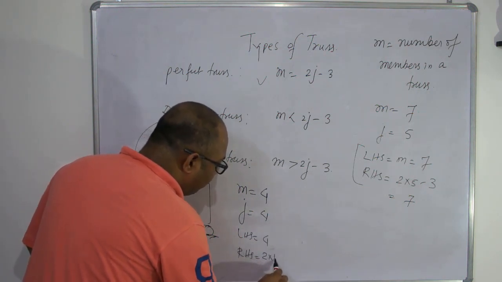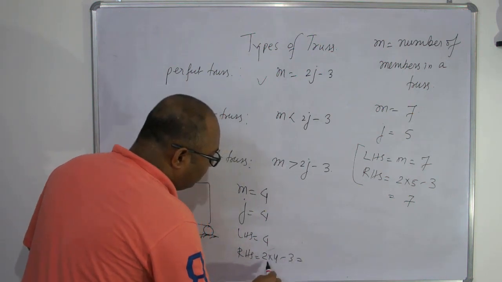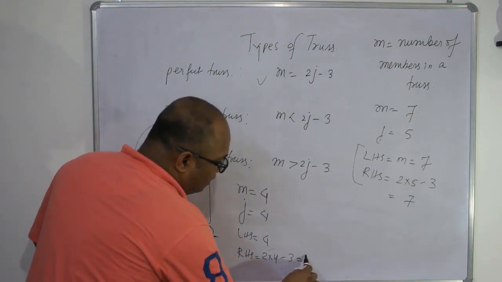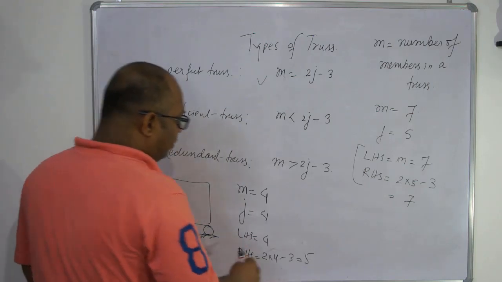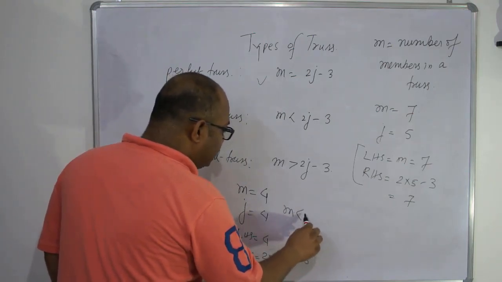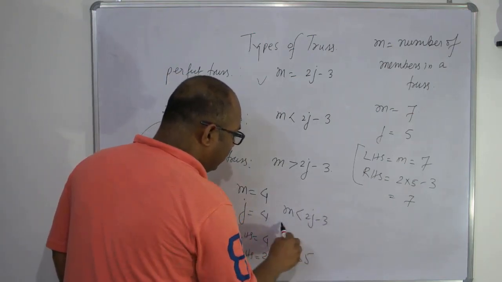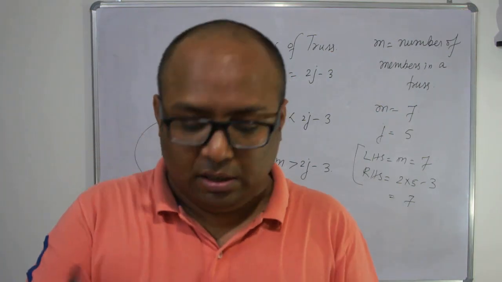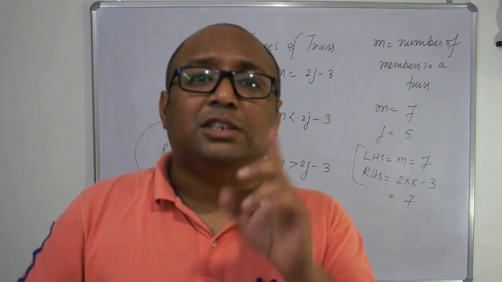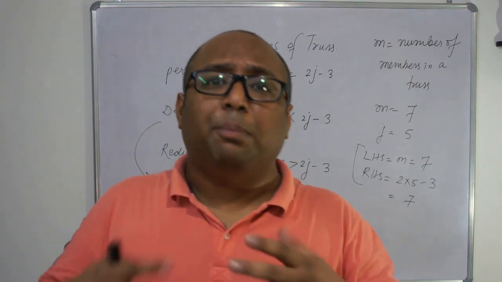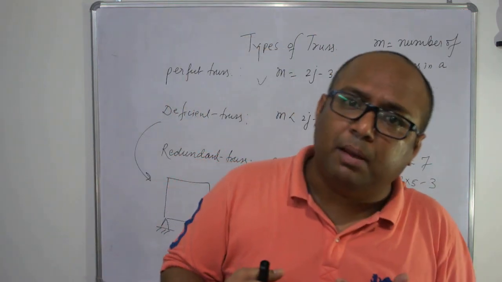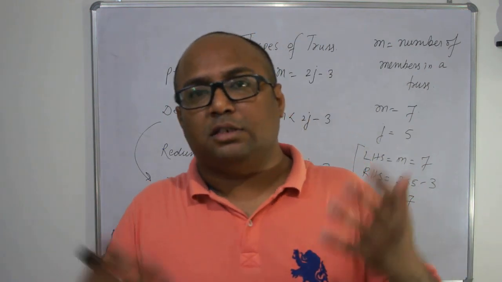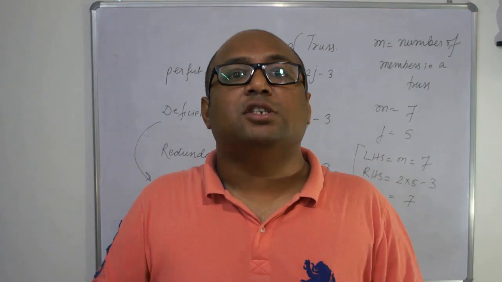RHS is 2 into 4 minus 3, which will be equal to 5. So you can see m is less than 2j minus 3. And if this happens, the structure is not rigid. I repeat, the structure is not rigid. There is a possibility of relative motion between the members and thus the structure is not completely constrained.